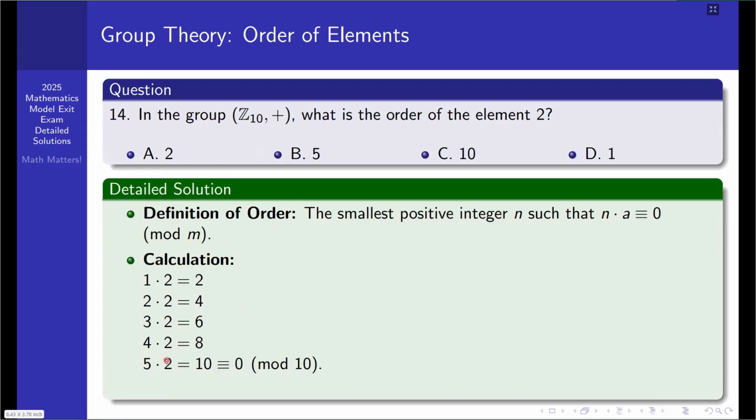Therefore, the smallest integer, 5, is the order of the element 2. I mean, the order is 5. Therefore, the answer is B.